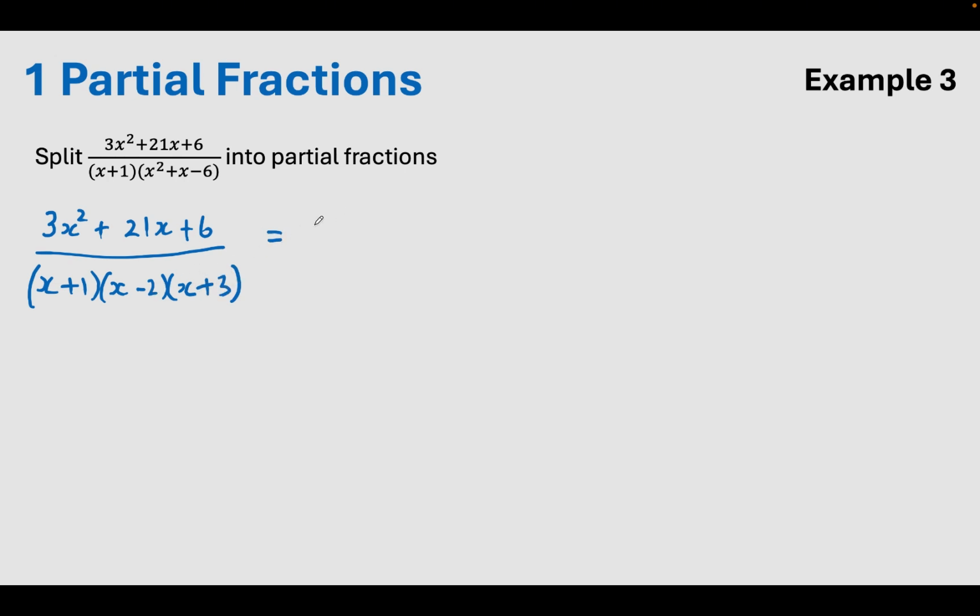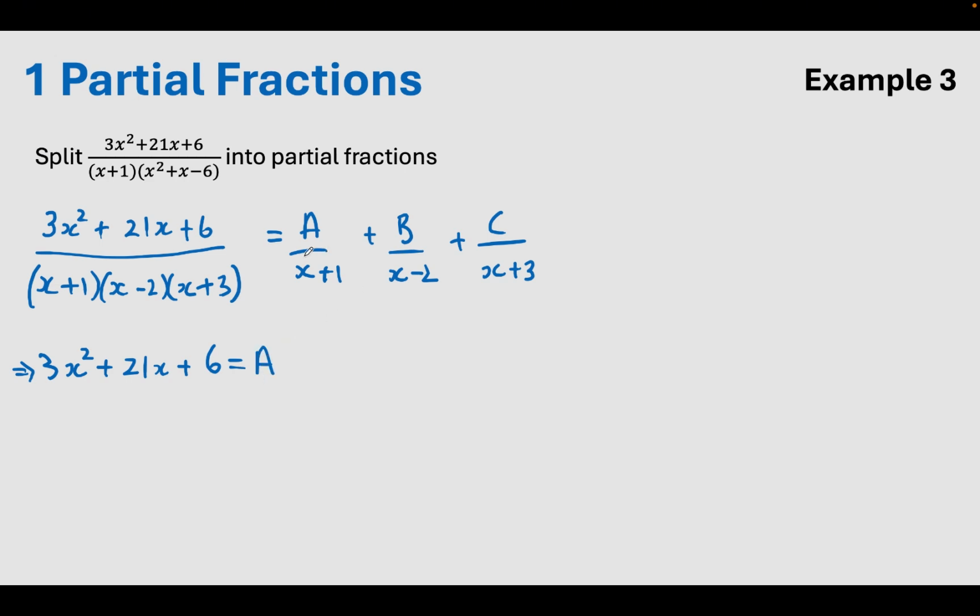So now we've got that, we can write out our form. So I'll get a over x plus 1 plus b over x minus 2 plus c over x plus 3. And we should be getting familiar with this stage now. So my next line of working will say 3x squared plus 21x plus 6 equals a, and remember, it's just the other two that are not in the denominator.